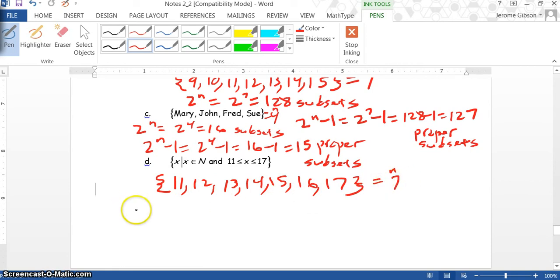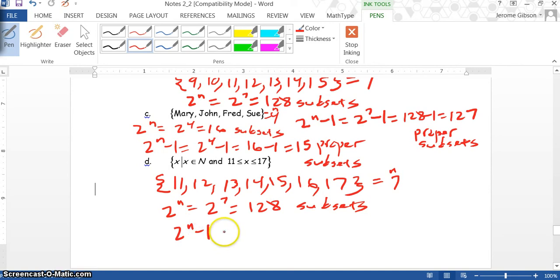So 2 to the n is equal to 2 to the 7th power, which is 128 subsets. Then to get proper subsets, 2 to the n minus 1 is equal to 2 to the 7th minus 1, 128 minus 1, which is 127 proper subsets.